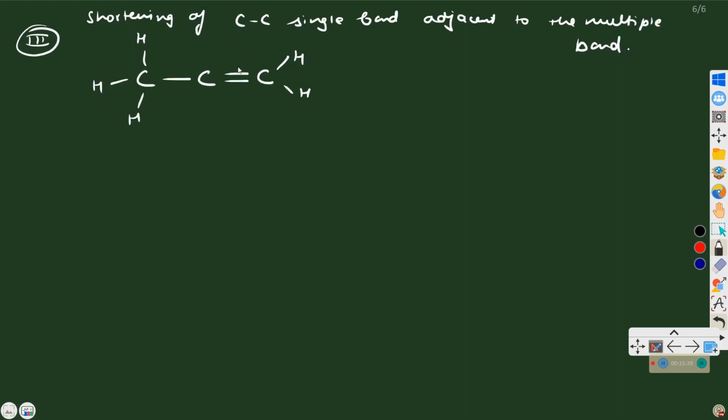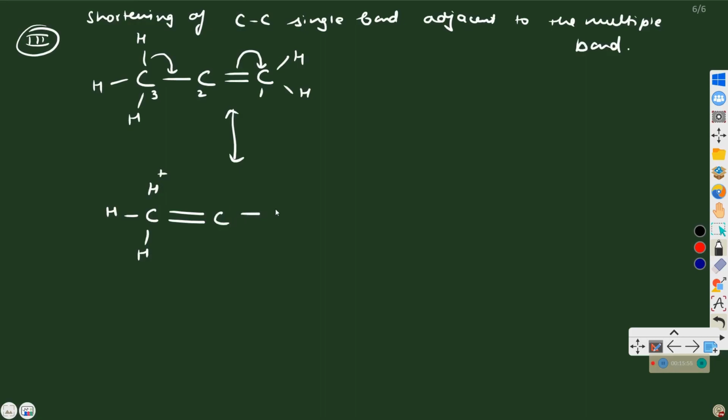So here again, carbon number 2 and 3 have one double bond due to the hyperconjugation effect.